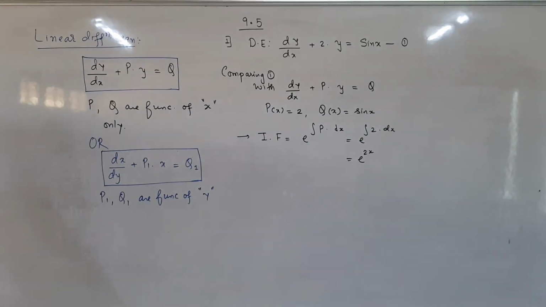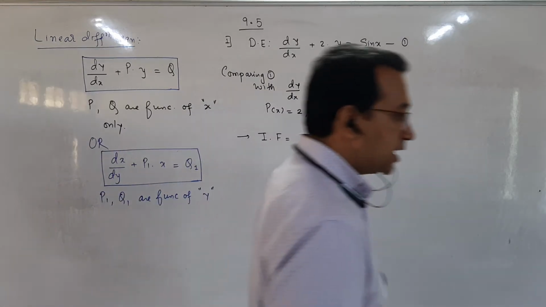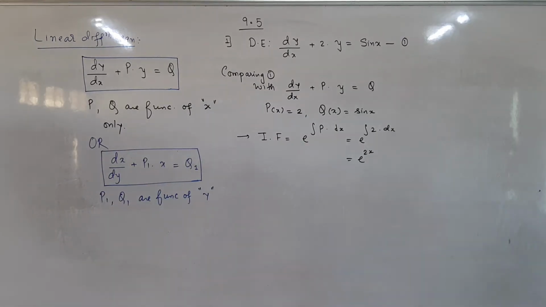To solve an LDE, linear differential equation, students, first step, compare the given differential equation with the standard form and write p and q. Always, coefficient of dy by dx must be 1. Second step, find out integrating factor.